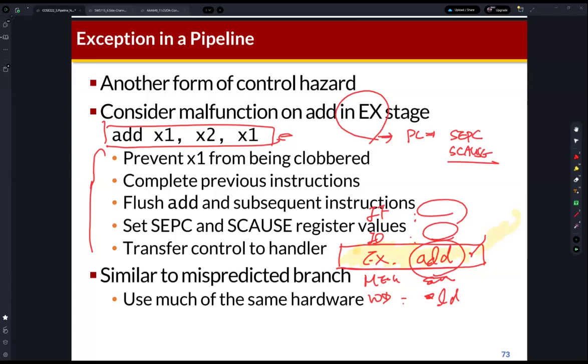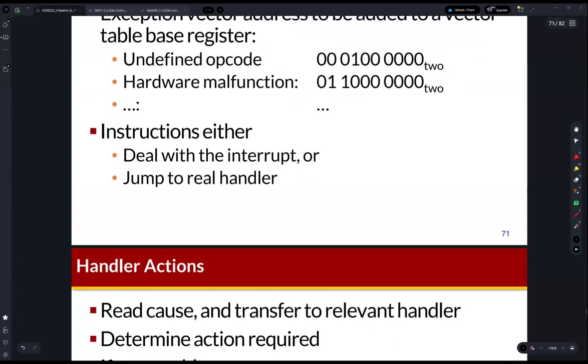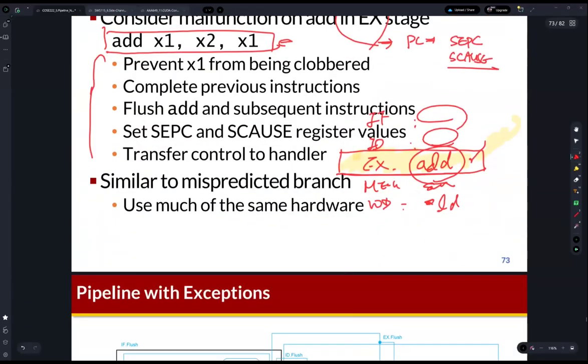Obviously, the add instruction has some problems, but if it is executed, then the register file or memory can be updated by a problematic instruction, right? And we need to avoid this case. So the add instruction needs to be cancelled. Then how about the previous instructions?